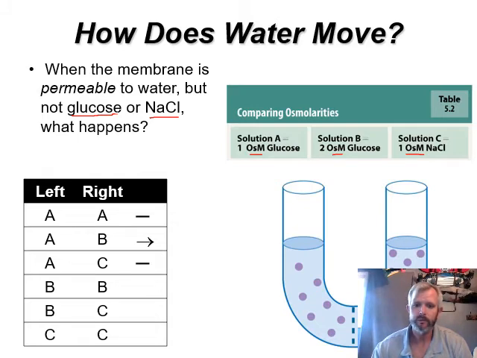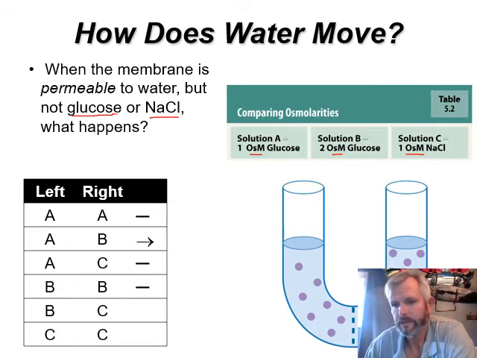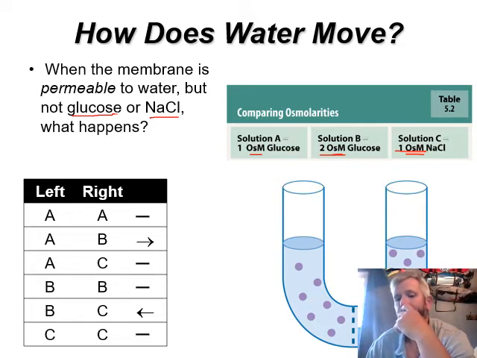Therefore, there's no net movement. B to B equal, again, no net movement. B to C, now which way are we going to move? Both of these are non-penetrating solutes. I got 1 osmol in the C solution, 2 in the B solution, so it's going to move towards solution B. And then C to C are equal, so again, no net movement. Okay?